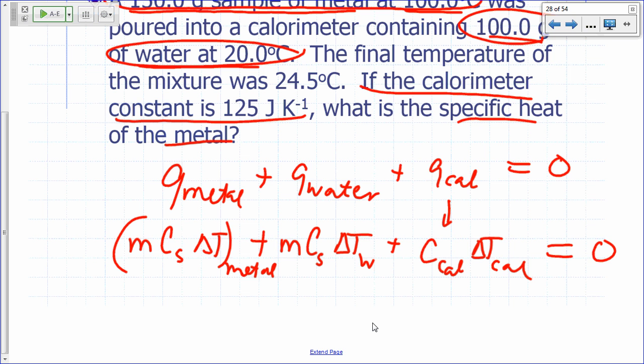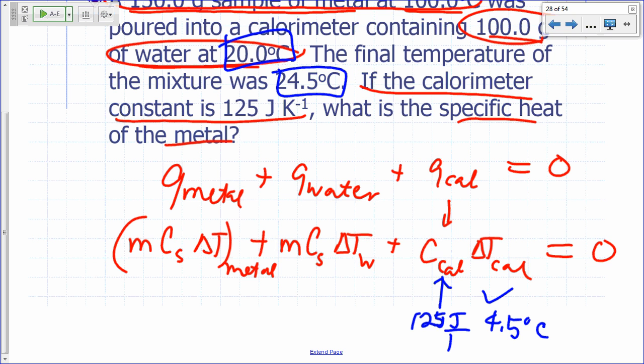What's my unknown here? I know my delta T cal. It went from 20 degrees to 24.5, so this is 4.5 degrees Celsius. C cal, I know, is 125 joules per degree Celsius or joules per Kelvin.